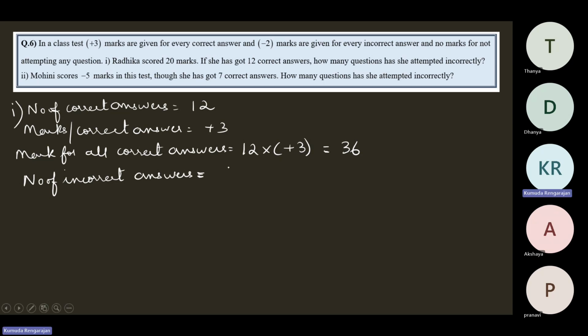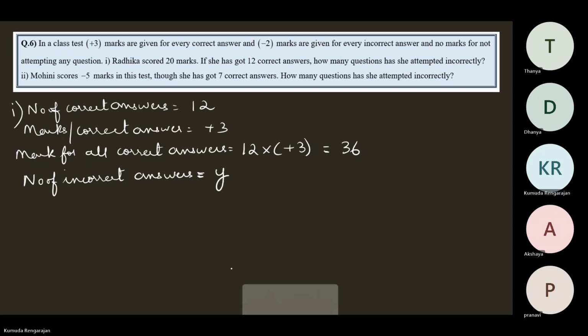See, questions not attempted correctly and incorrect answers, both are the same. Don't get confused. If you have not attempted a question correctly, that means your answer is not correct. So incorrect answers. So number of incorrect answers, we don't know.